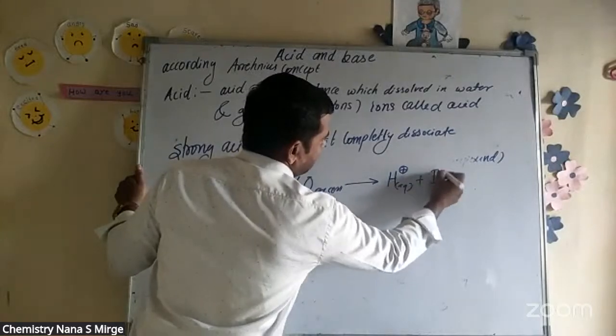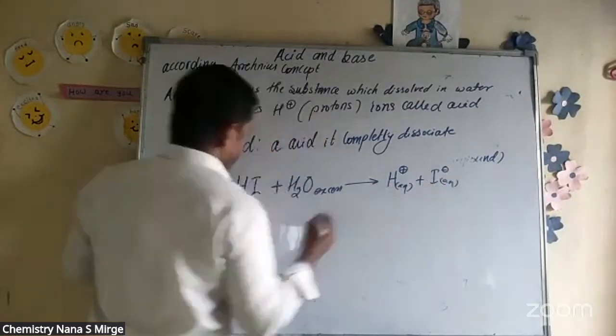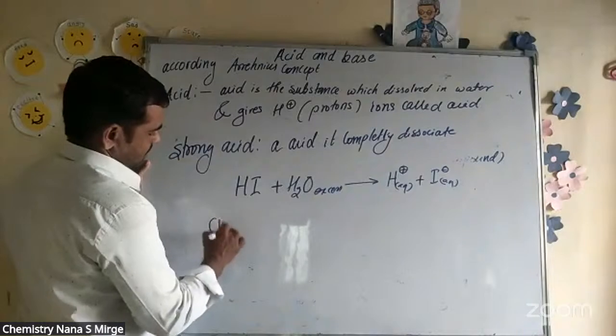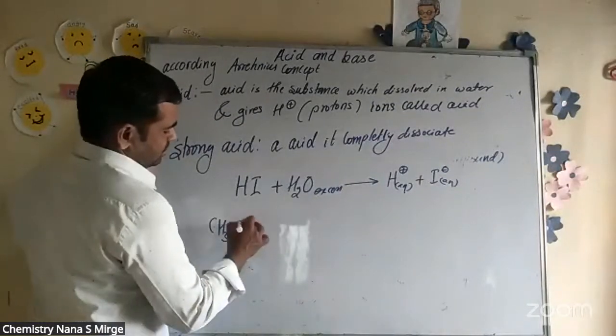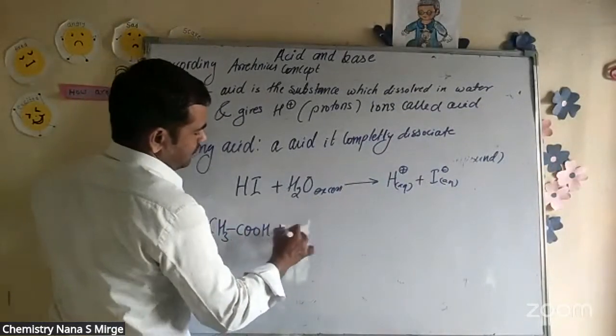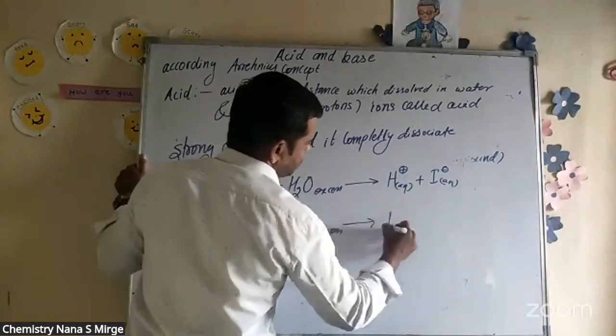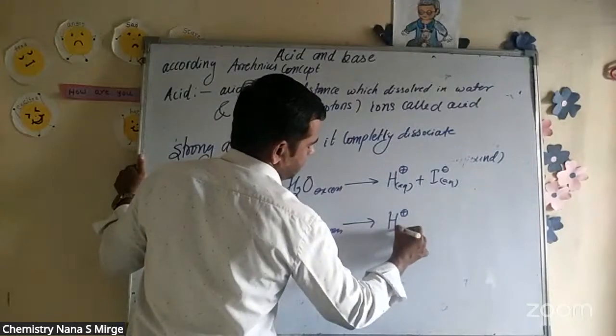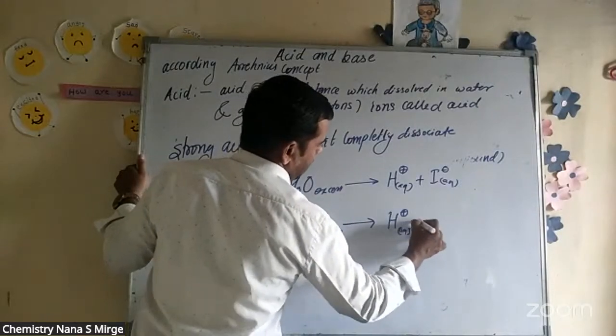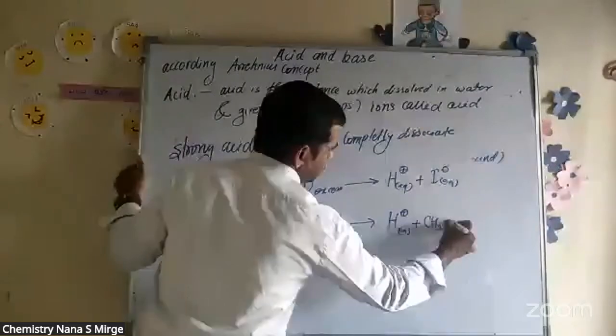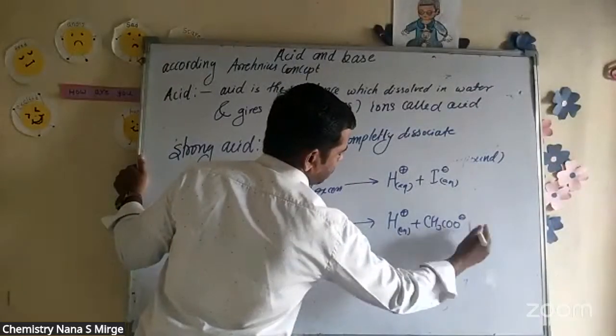But acetic acid, CH3COOH plus H2O, dissolved in an excess amount of water, gives H plus ion in aqueous form and CH3COO negative aqueous.